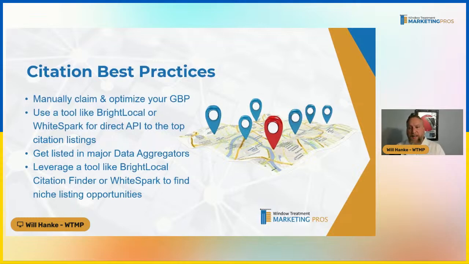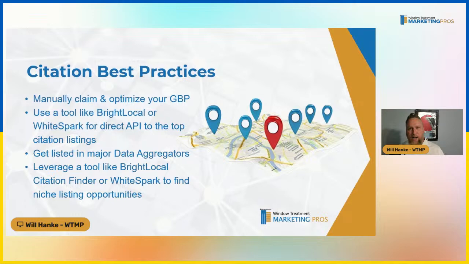When it comes to best practices, the absolute best practice is to manually claim and optimize your profile. You definitely have to do that first. Make sure that it is 100% filled out. Anything you can fill out, fill out. And then use a tool like BrightLocal, Whitespark, or some of these other tools to find other citation opportunities. On a lot of these platforms there's also something called data aggregators.